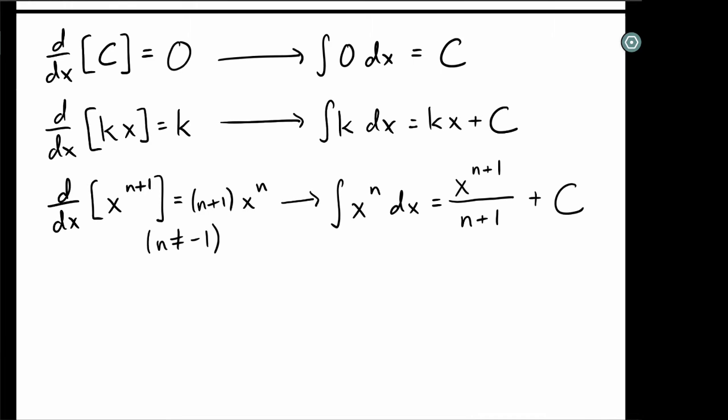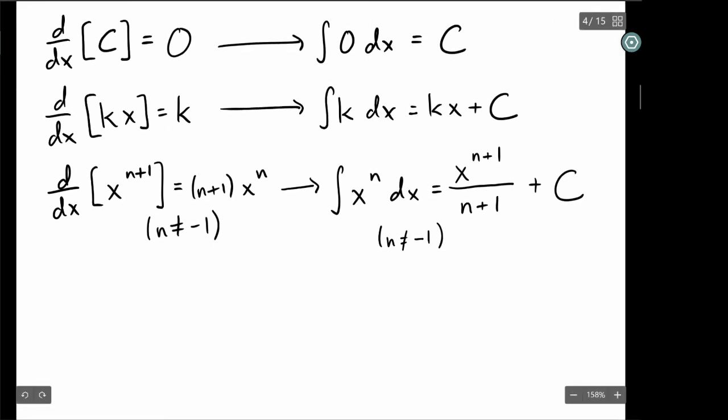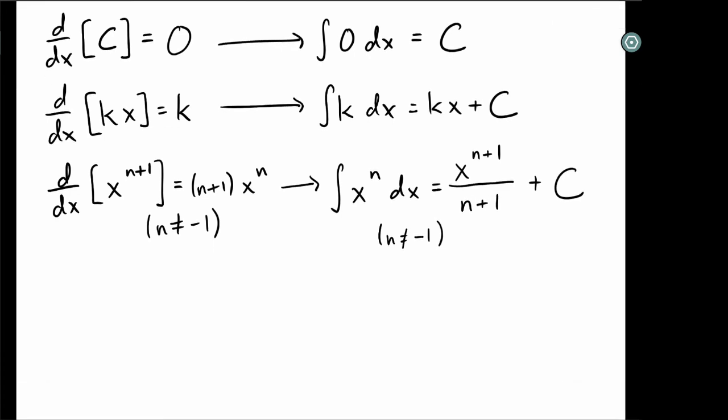So, once we have this, let me emphasize here that n is not -1. It's very important to add this in here, because if n were -1, we'd be dividing by 0. So, what does happen if n is -1? Let's think about it.